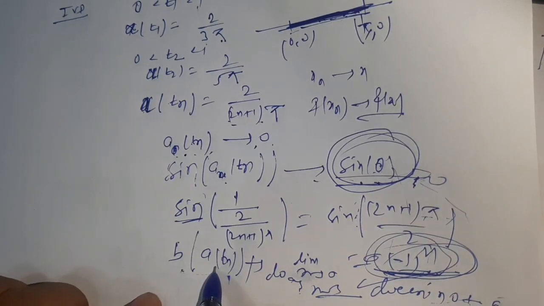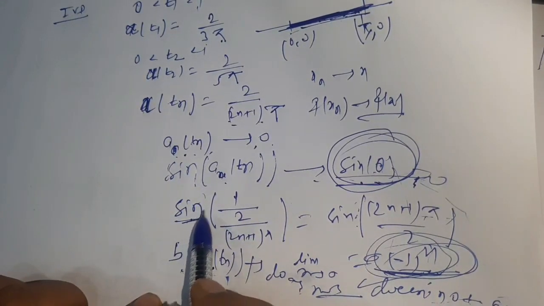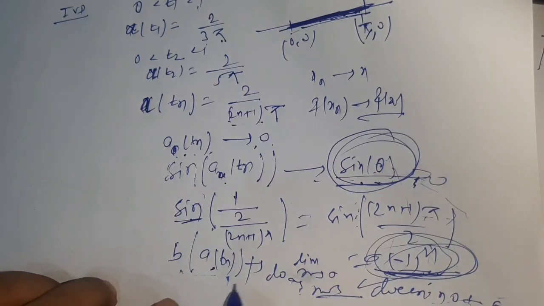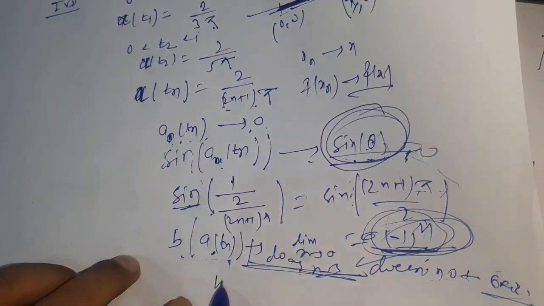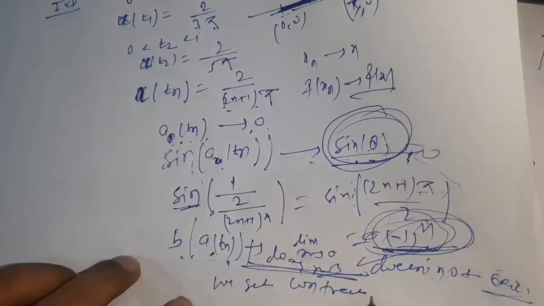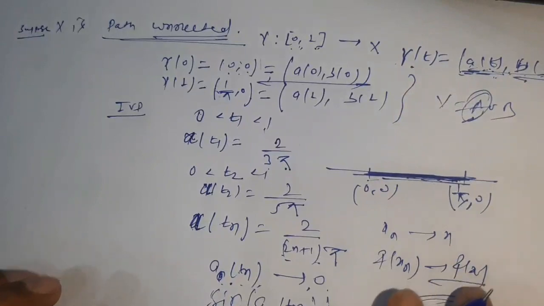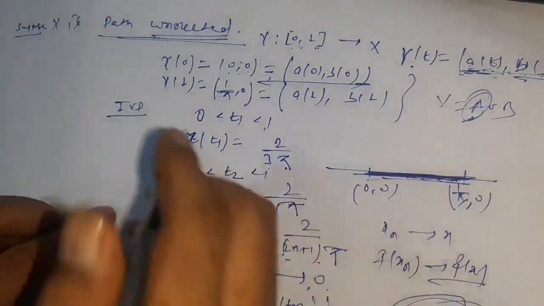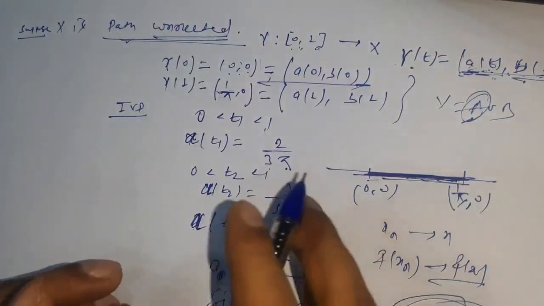So in this way we get a contradiction. So what we assumed, that X is path connected, is not true.